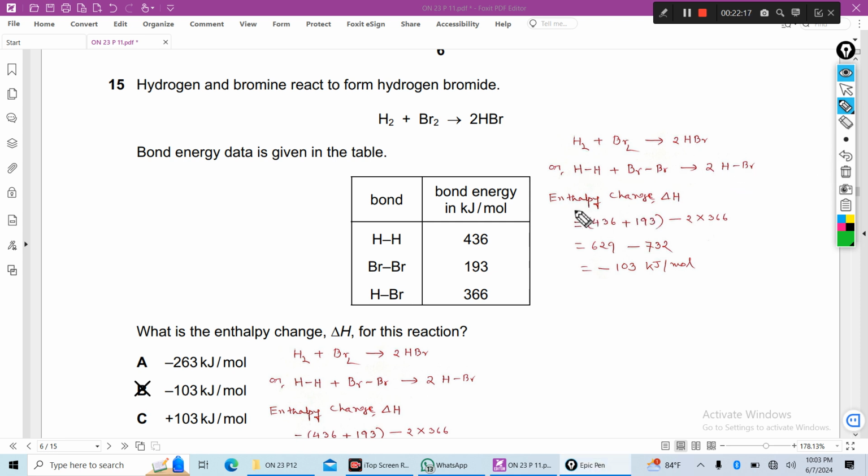So enthalpy change delta H will be bond broken energy. In reactants, bonds are broken. Bonds broken energy minus bonds formed energy, means product energy. So here you see hydrogen single bond value is given 436 plus bromine 193 minus product energy, bond forming energy.